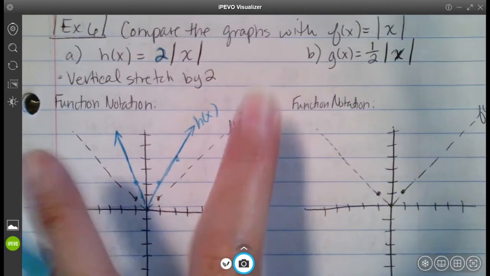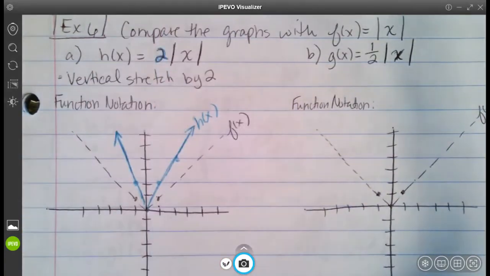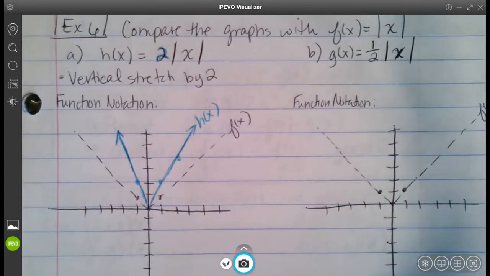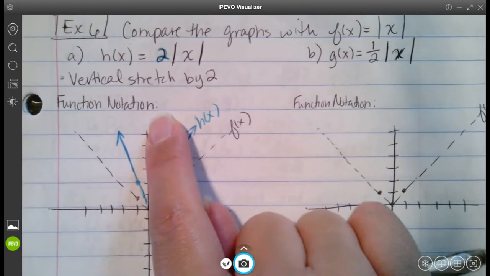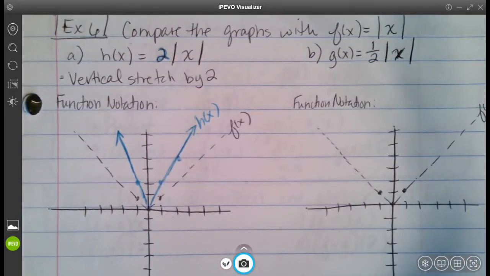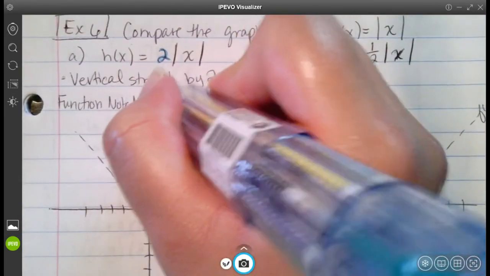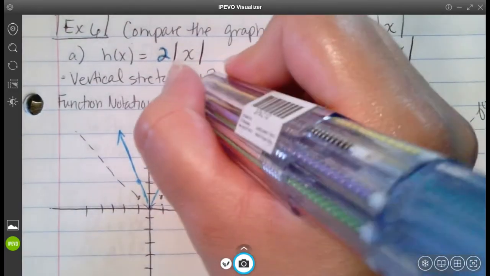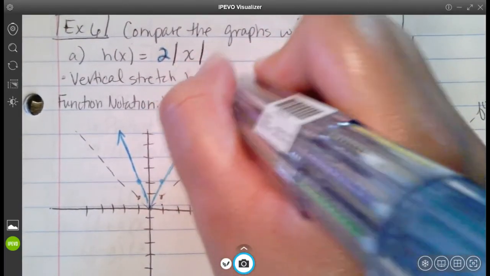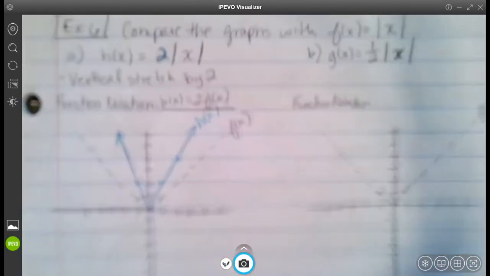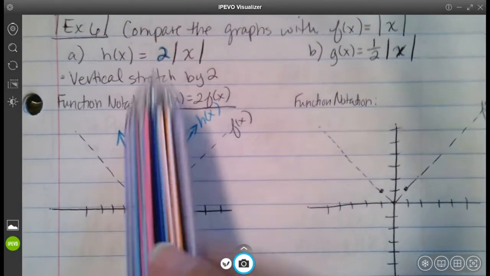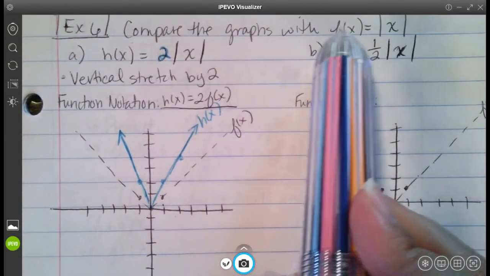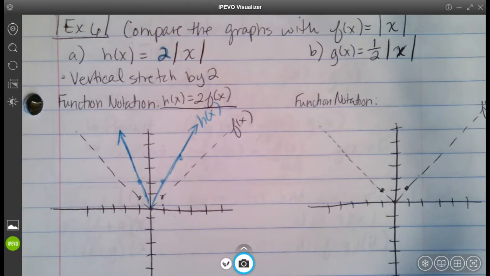We're taking this V and stretching it upward vertically, so that's why it looks kind of squished. For our function notation, this would just be h of x is equal to 2 f of x, because all we're doing is taking the 2 and putting it in front of our function.